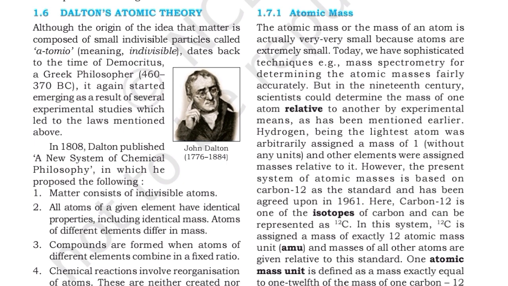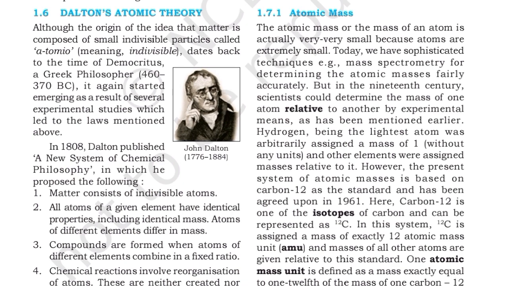Today we have sophisticated techniques, for example mass spectrometry, for determining the atomic masses fairly accurately. But in the 19th century, scientists could determine the mass of one atom relative to another by experimental means, as has been mentioned earlier. Hydrogen, being the lightest atom, was arbitrarily assigned a mass of 1 without any units, and other elements were assigned masses relative to it.